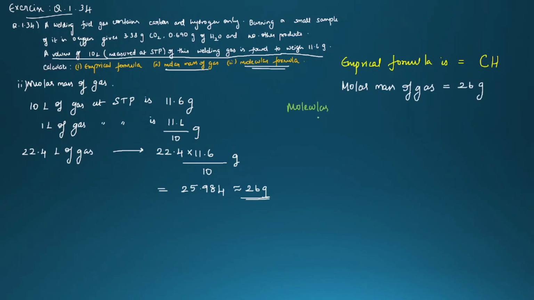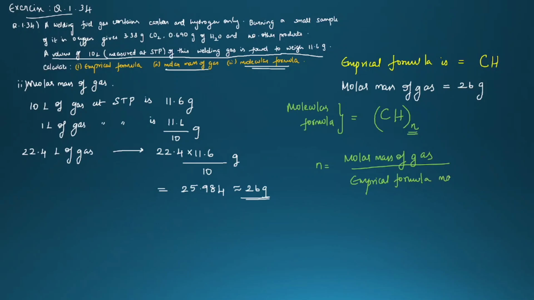Now the molecular formula will be the empirical formula, the whole with subscript of a particular number n, and to calculate n there is a formula, which is molar mass of gas divided by empirical formula mass.